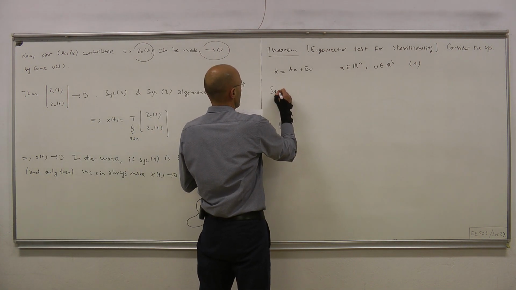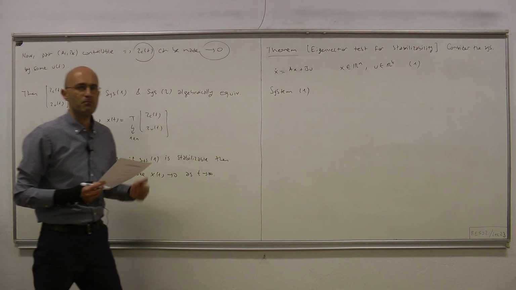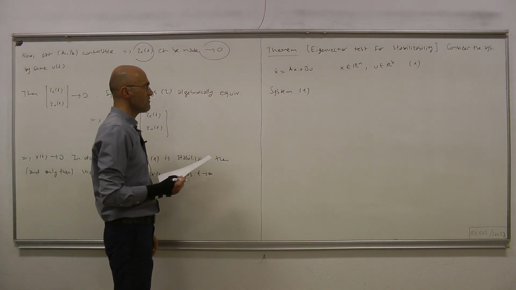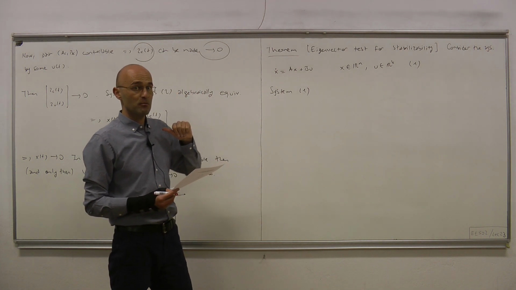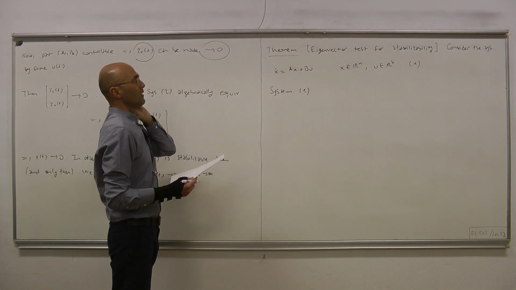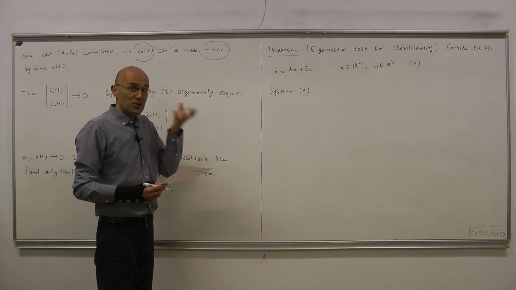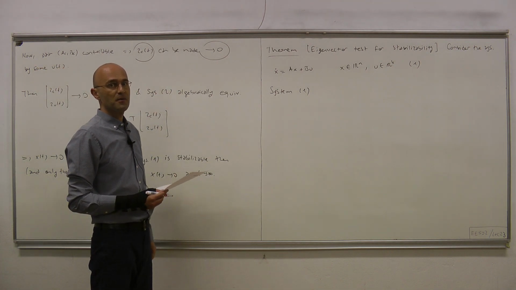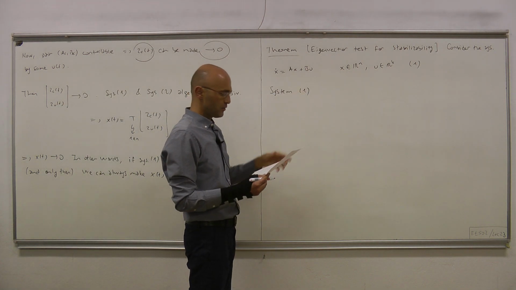Now here is the eigenvector test. System 1 is stabilizable if and only if no eigenvector of A transpose with the corresponding eigenvalue that's unstable, that is, the real part is 0 or positive, lies in the null space of B transpose.